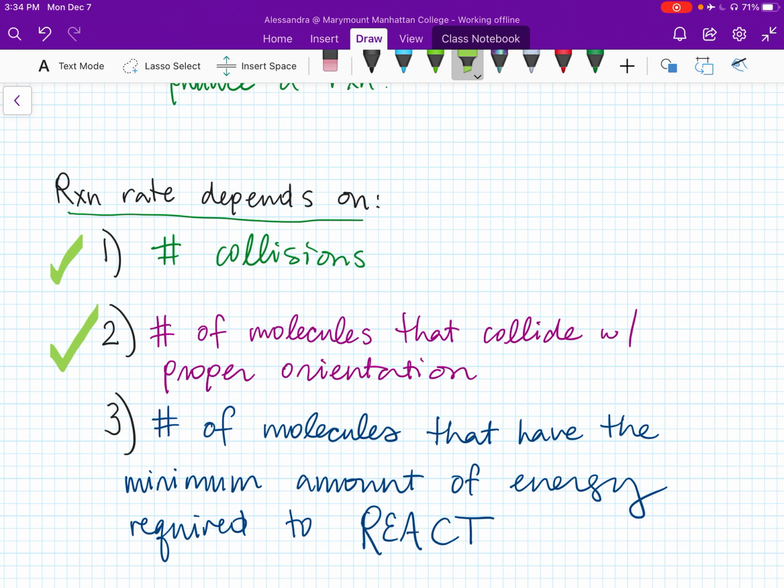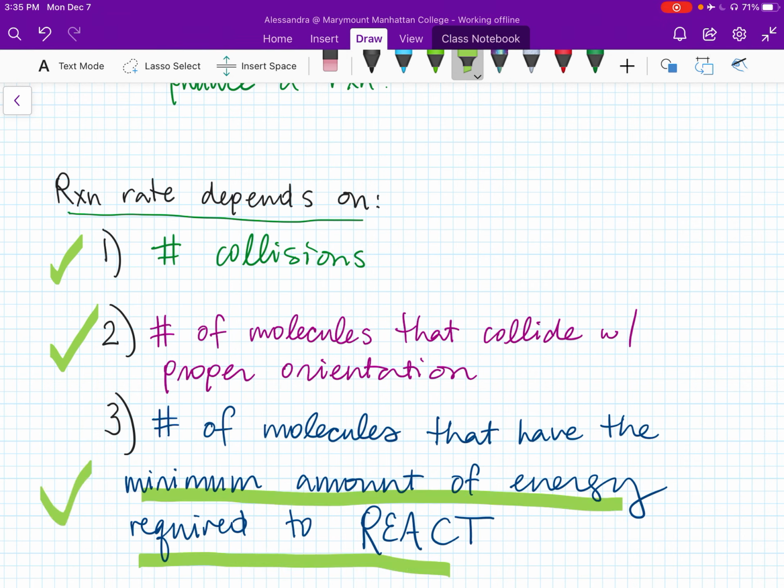So if you want a bond to be broken, you have to have the collision occur in a certain way. The final factor that reaction rate is going to depend on, and this is a very important one, we're going to spend a lot more time talking about this in this lecture and then in subsequent lectures. The reaction rate depends on the number of molecules that have the minimum amount of energy that you need to react. The number of molecules with the minimum amount of energy required to react.